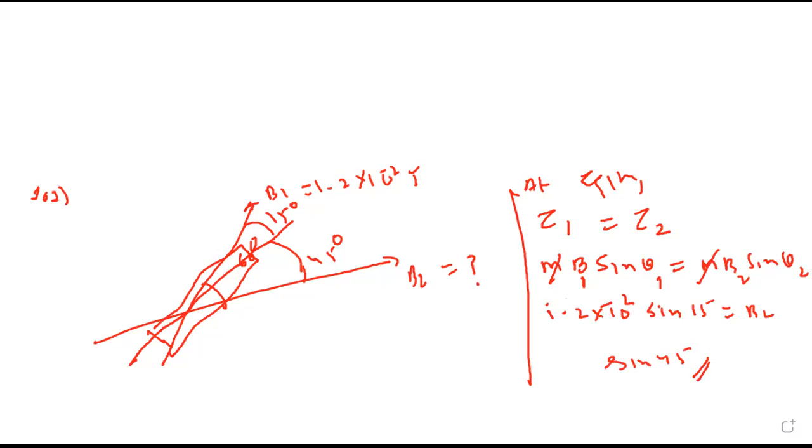You all have followed? Yes. Please copy till this. 1.2 into 10 raised to minus 2 into sine 15 equals to B2 sine 45.